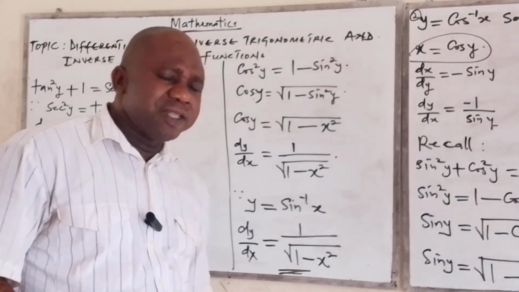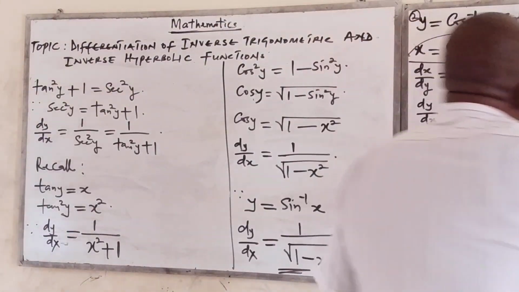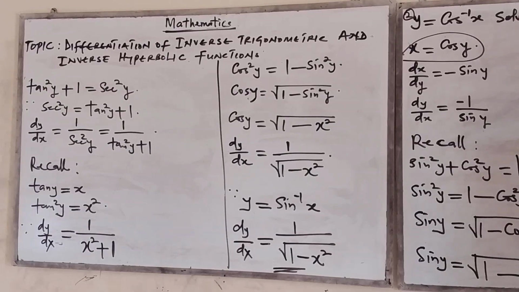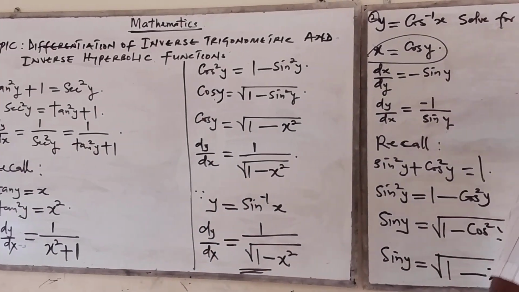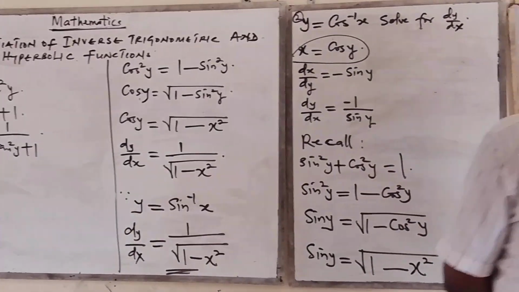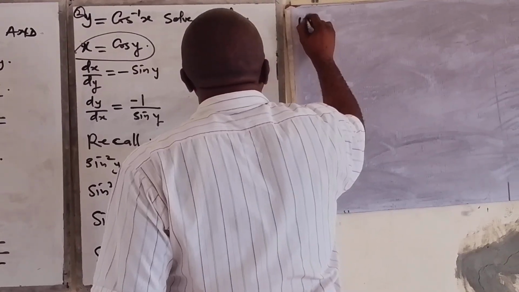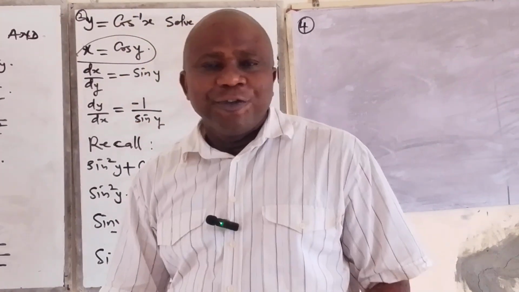Now I want us to look at that of hyperbolic function. Let me call this number 4. Yes, we have actually finished with the inverse trigonometric functions.